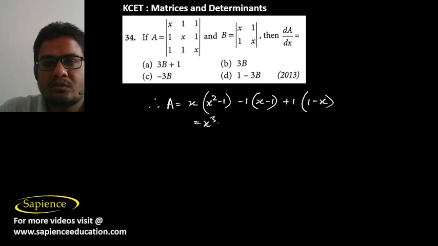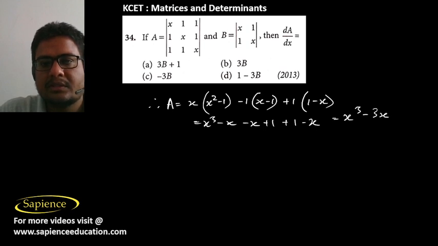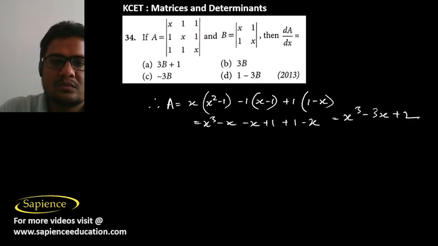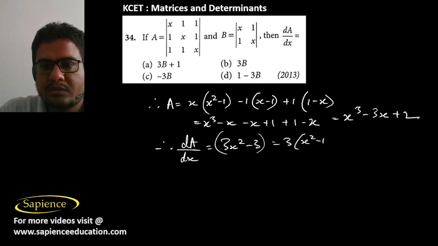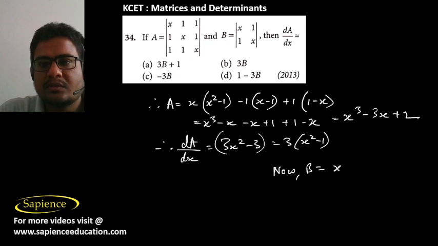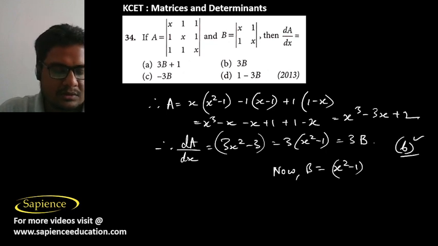This will be equal to x cube minus x plus 1 minus x. So this will be equal to x cube minus 3x plus 2. Now dA by dx will be equal to 3x square minus 3, that is equal to 3 into x square minus 1. Now B is equal to x square minus 1. Therefore dA by dx is 3B. So option B is the correct answer.